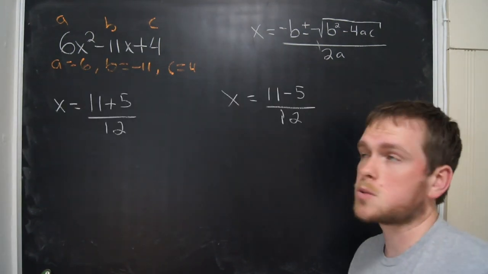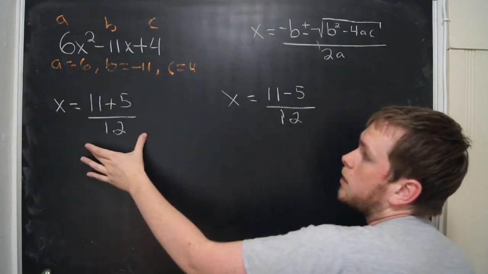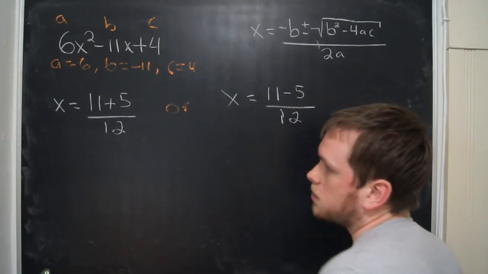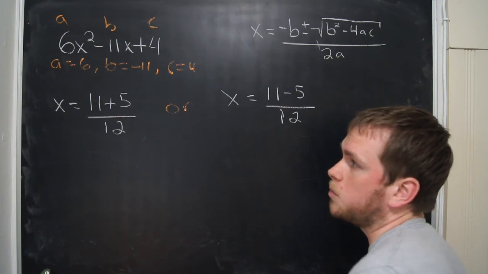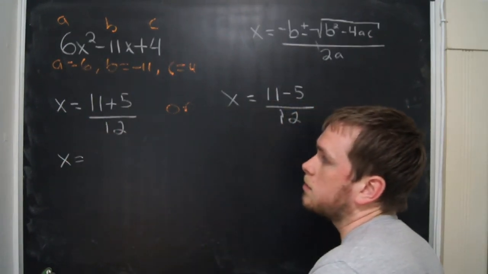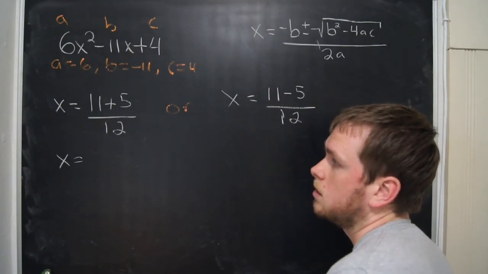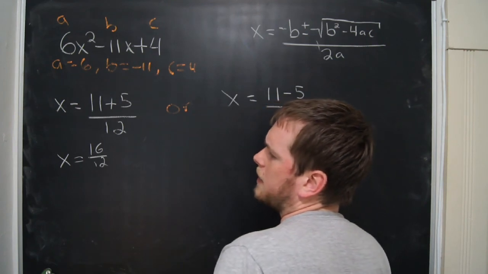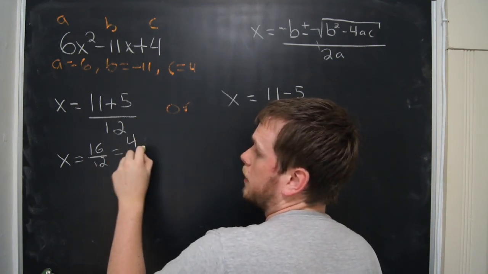Alright, so let's keep going with this. We're almost there. So now we have our two possible solutions, and let's simplify them one at a time. If we did 11 plus 5, that's 16 over 12, and that actually simplifies to 4 over 3.